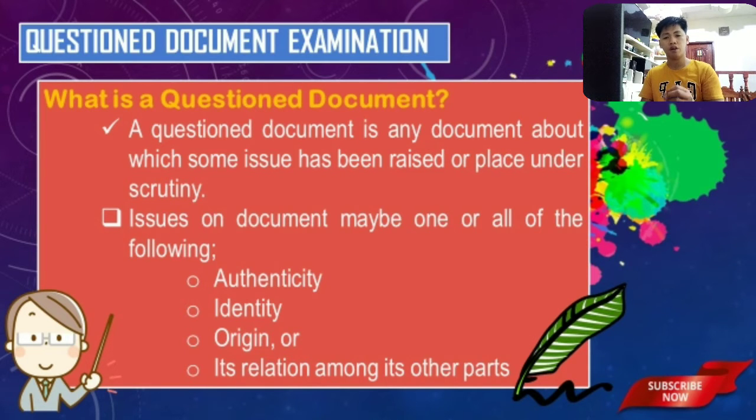If the issue raised was with regards to who owns that signature, kanino yung signature na nandyan sa document, then definitely that is the issue on identity, the identity of the author. Therefore, the document being questioned as to the identity of the author or of the signature therein will now make that document a question document.